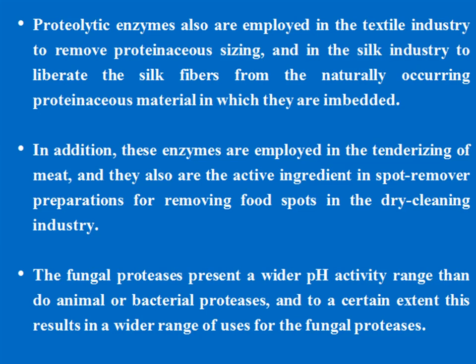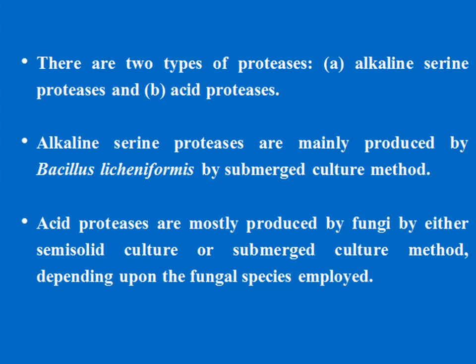The fungal proteases present a wider pH activity range than do animal or bacterial proteases, and to a certain extent this results in a wider range of use for the fungal proteases. There are two types of proteases: alkaline serine protease and acid proteases. Alkaline serine proteases are mainly produced by Bacillus licheniformis by the submerged culture method.